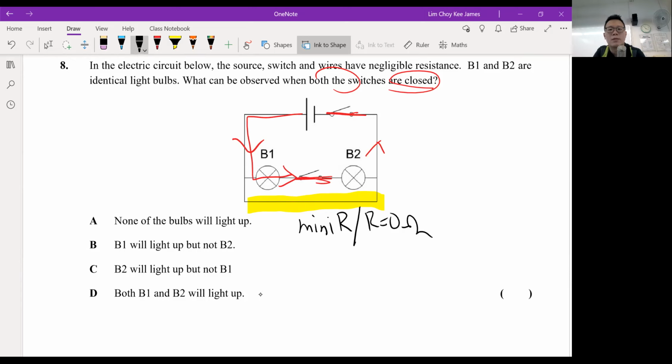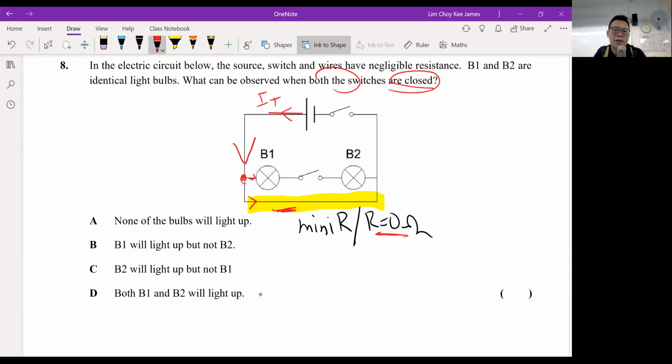So at this particular branch, when current comes out from the circuit and reaches this particular node here, by right it should divide itself and go to the individual branches. But take note, this particular branch is a perfect wire with no resistance at all, 0 ohm.